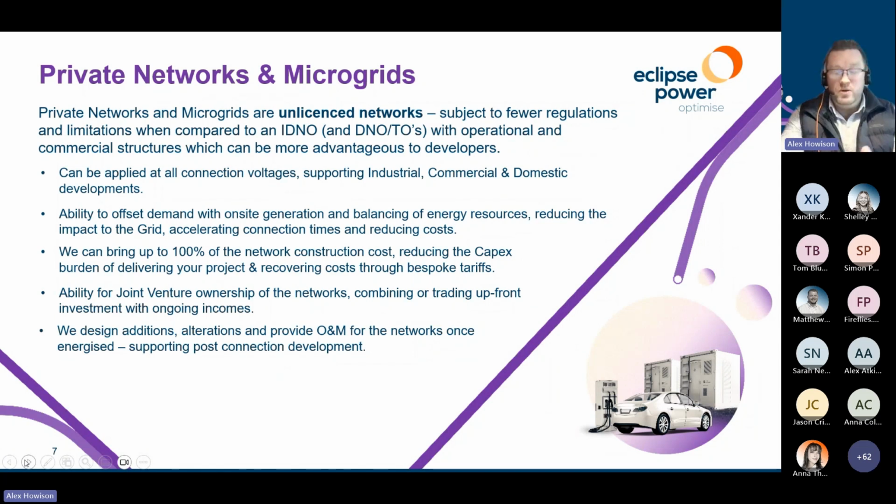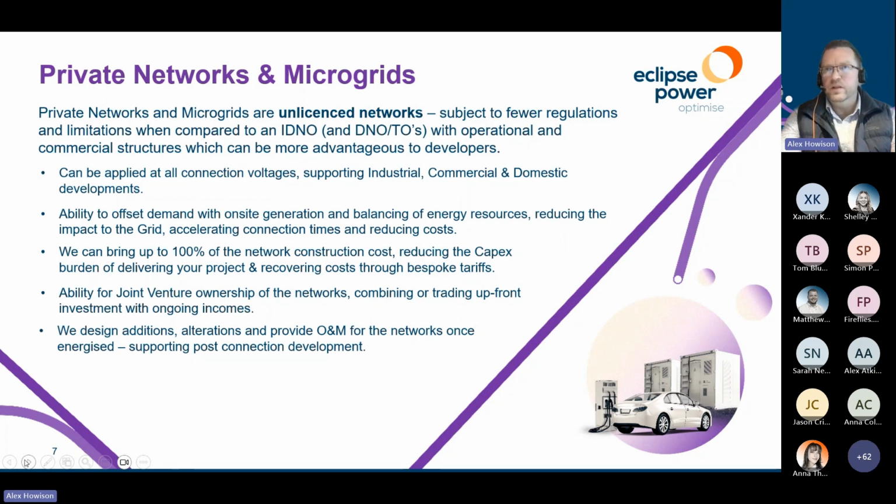Eclipse Power Optimise is built around the idea that we can tap into investment and bring up to 100% of the connection costs. If you're looking to connect your project, usually grid connection costs, new substations, not just the potential reinforcement at your point of connection, are all a significant cost to a developer.